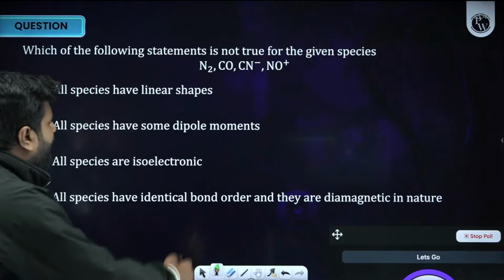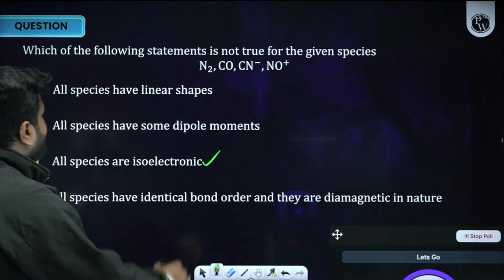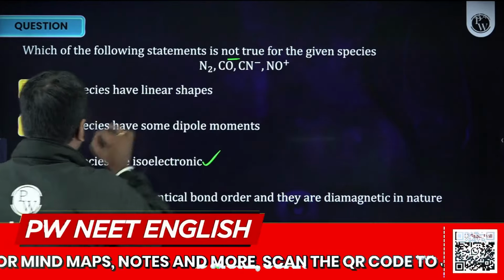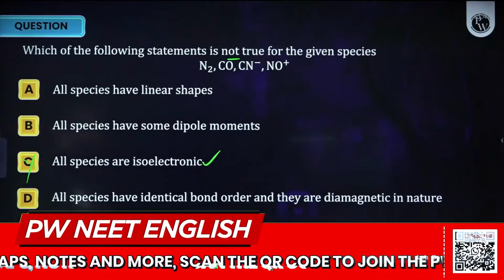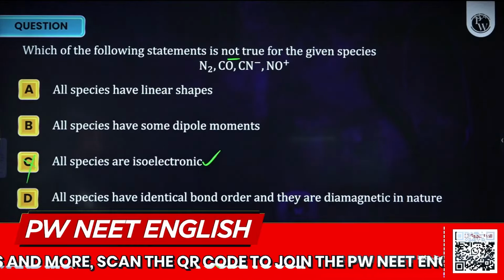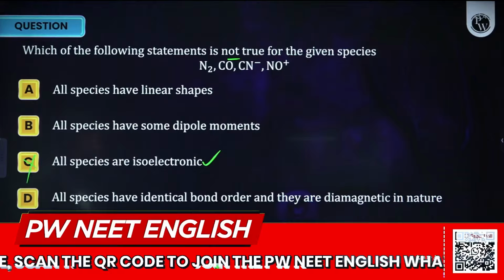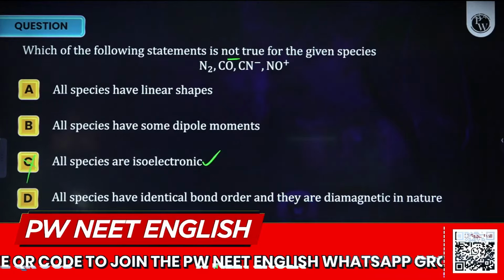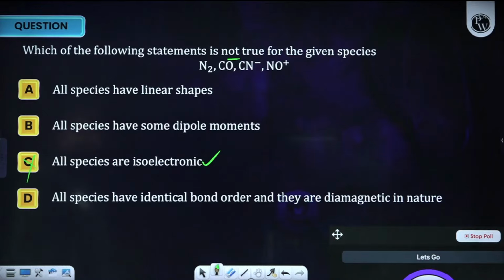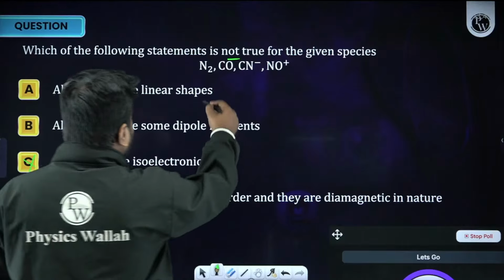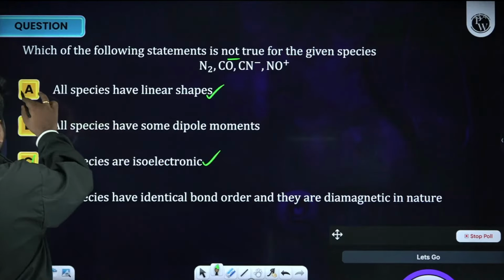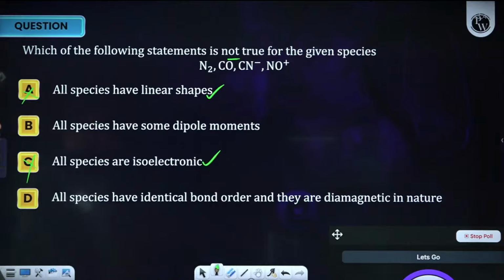All species are isoelectronic. That is true. They are asking not true. Some dipole moment will be there. All species have linear shape. Yes.